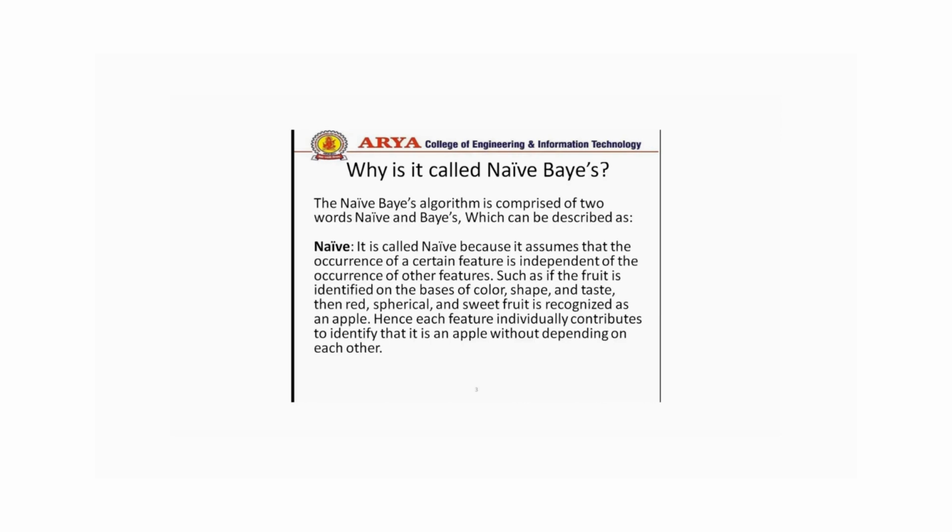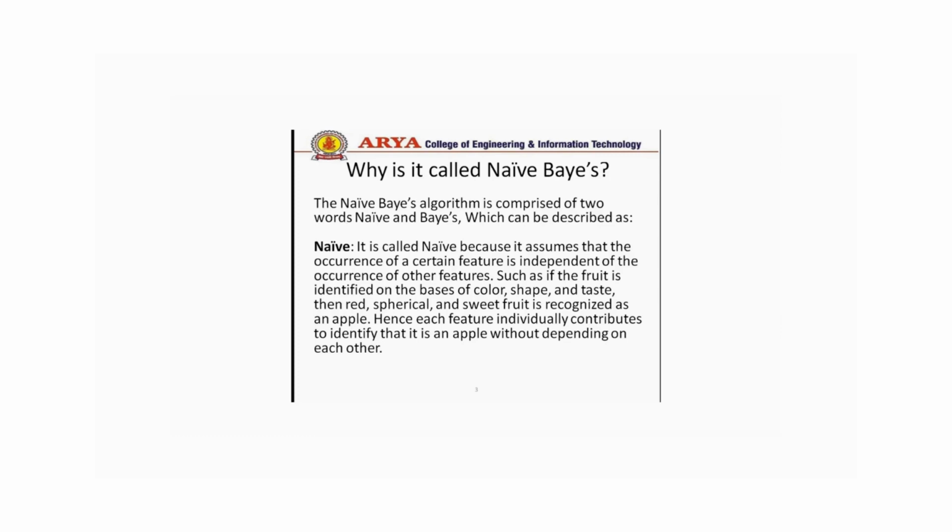Why is it called naive-Bayes? This is the combination of two words. It can be described as naive. Naive means it assumes that the occurrence of a certain feature is independent of the occurrence of other features.